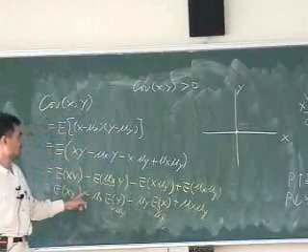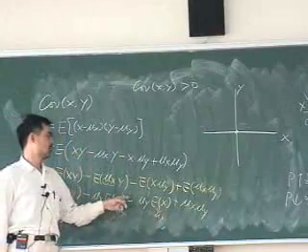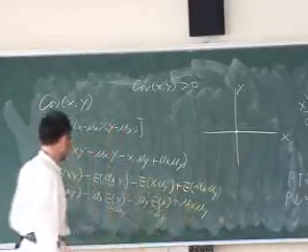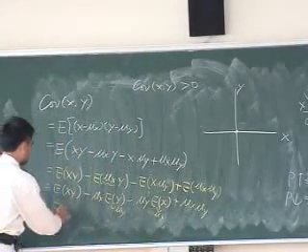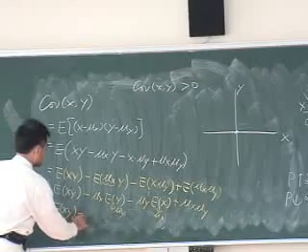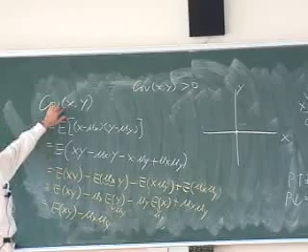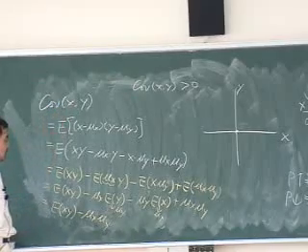So you have minus mu x mu y minus mu x mu y plus mu x mu y. So that is equal to the expectation of xy minus mu x mu y. So this is covariance.